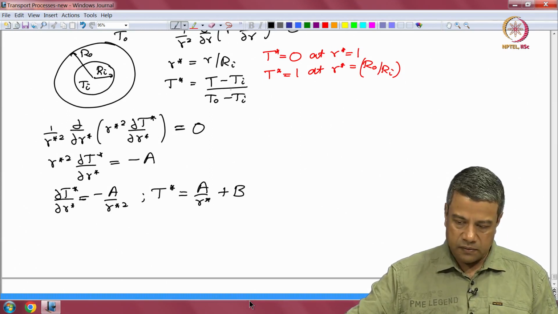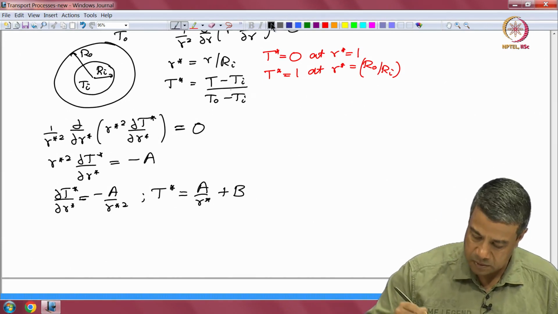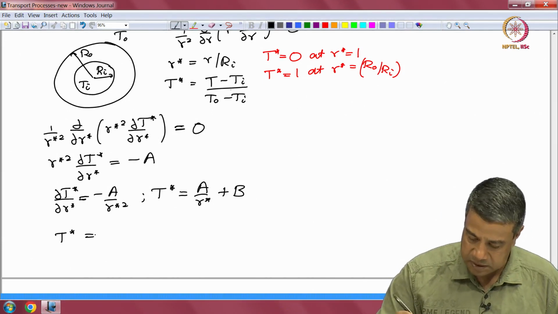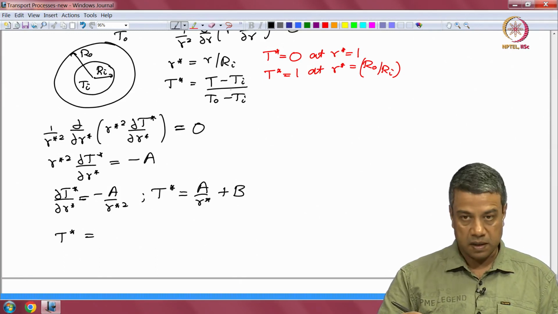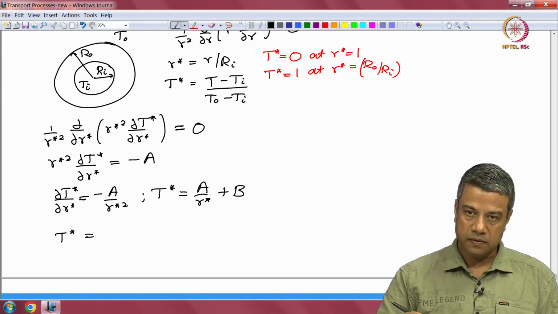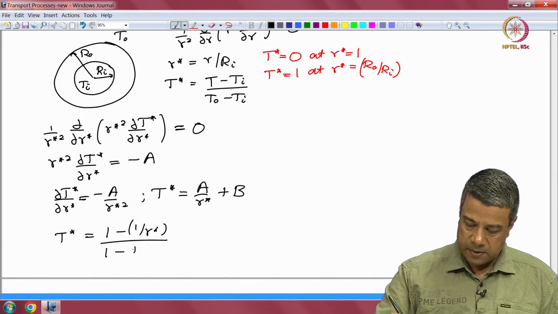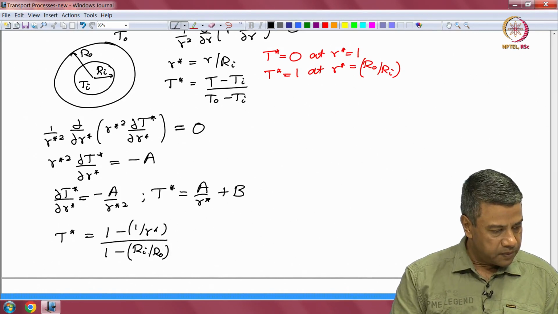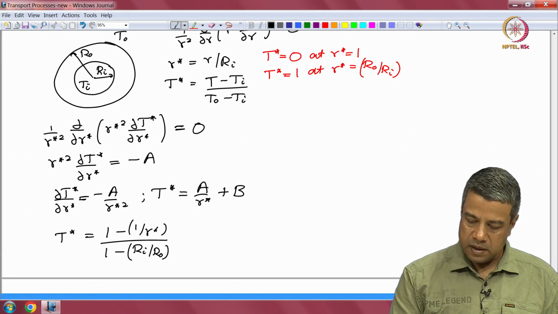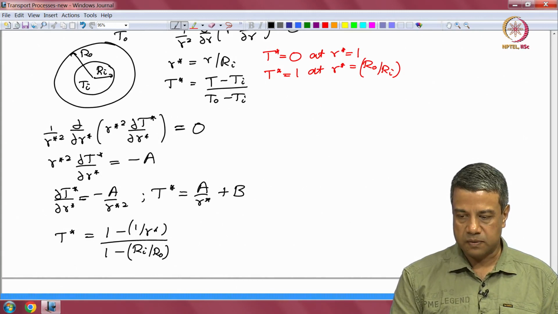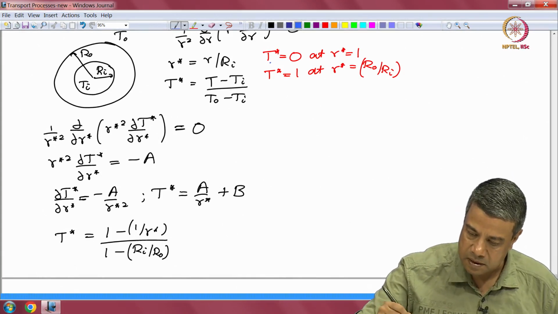I can of course solve it, but the easy way to get the expression is to write this as, I know it has to be proportional to 1 over r. Therefore, I can just write it as 1 minus 1 by r star divided by 1 minus r I by r O. You can easily see that at r star is equal to 1, this is equal to 0, so it satisfies this boundary condition.